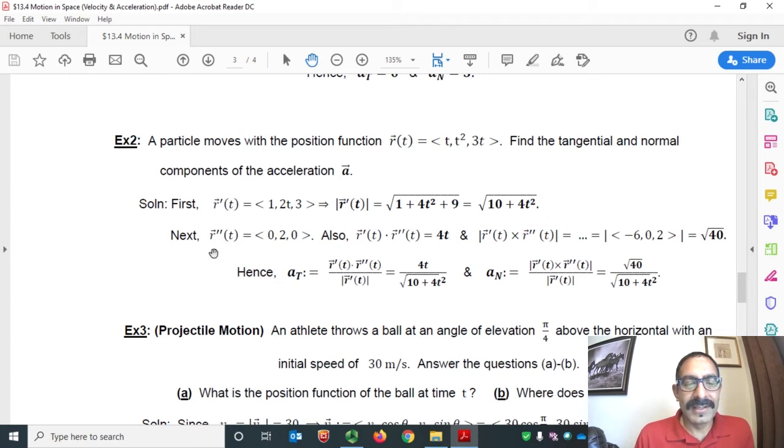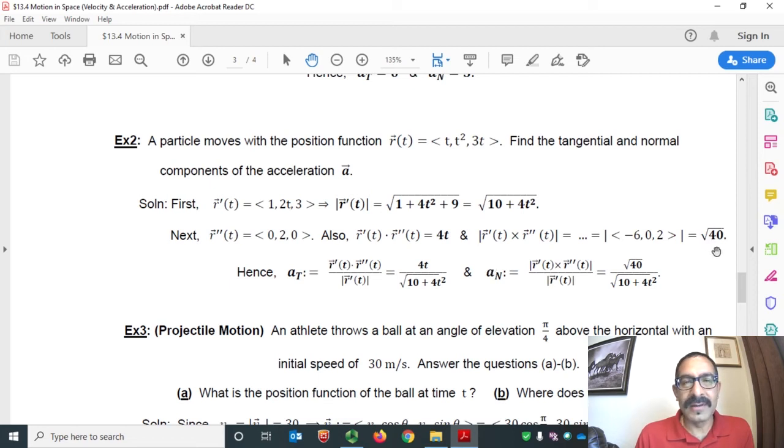Similarly, find the second derivative of r, which is simply 0, 2, 0. Compute r prime t dot r double prime t. Compute r prime t cross r double prime t and compute its magnitude.